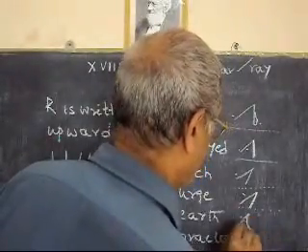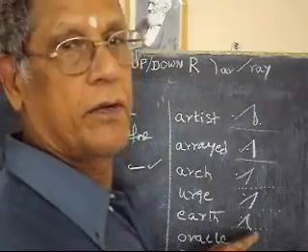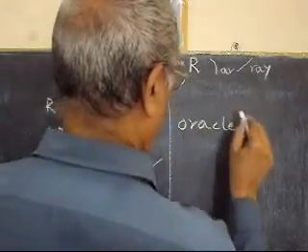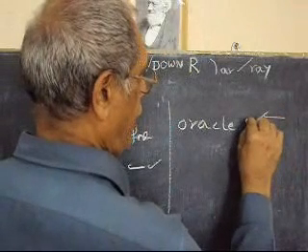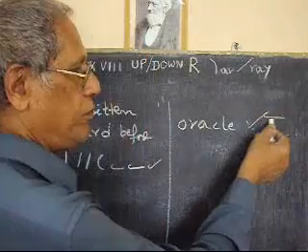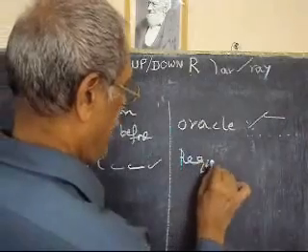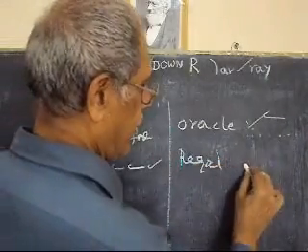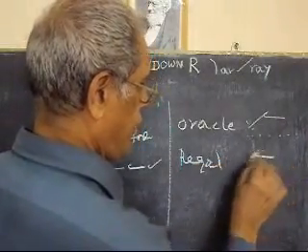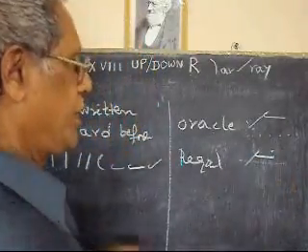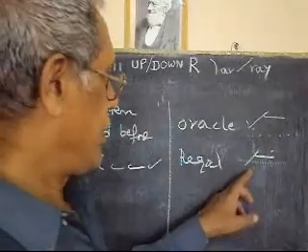Earth. Before it. Oracle. Before kal. Regal.